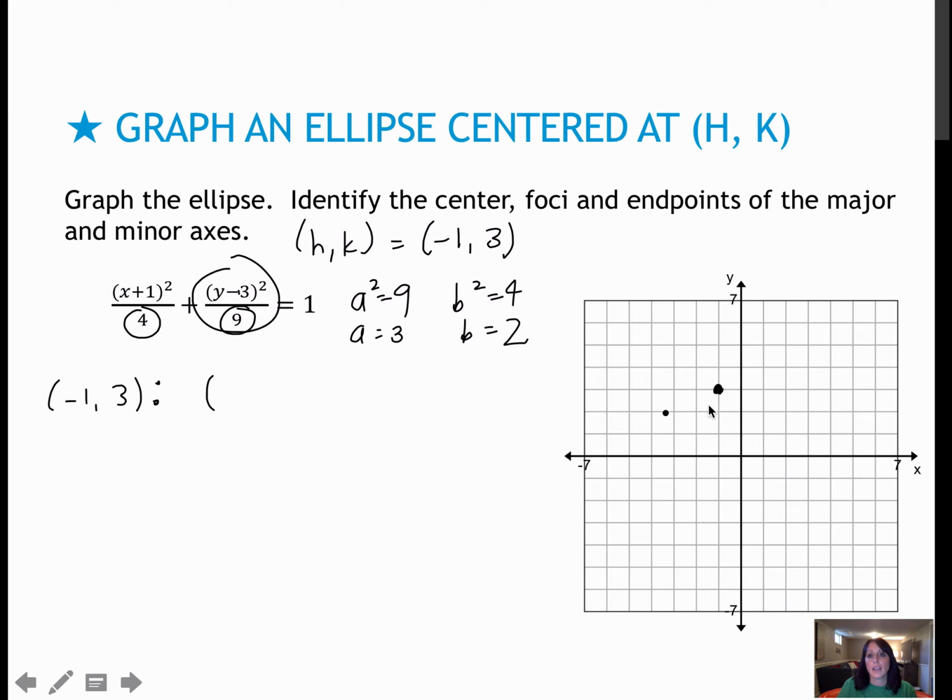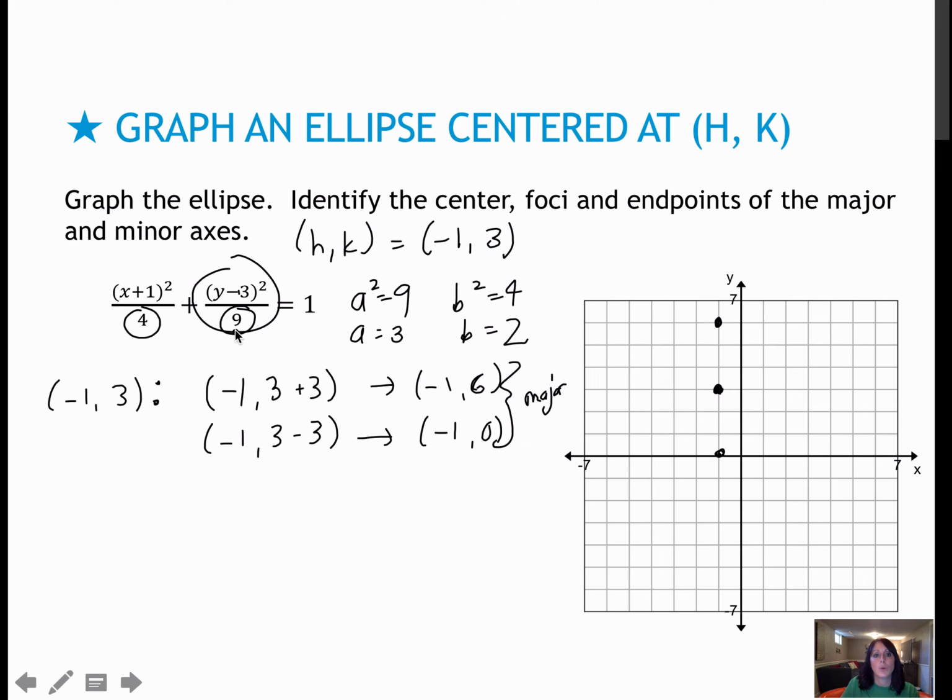The -1 will stay the same here. So I'm going to take -1 and then 3 plus 3, and -1, 3 minus 3, which gives me -1, 6, and -1, 0. These are the endpoints of the major.